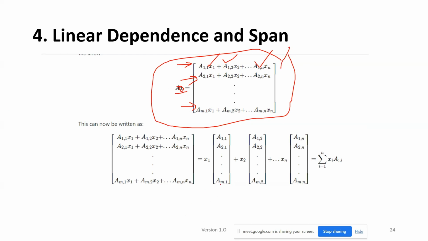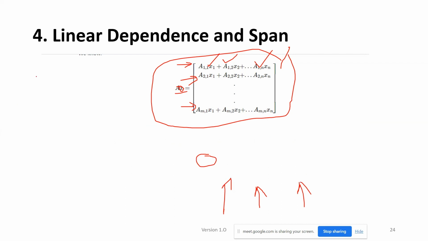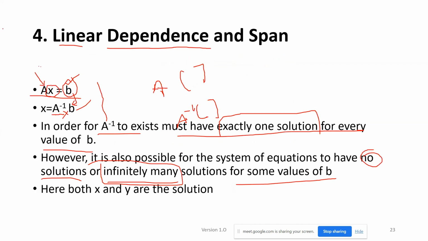How it is connected: each column of A is a column vector, and together they form the matrix. The x values are individual values. Earlier I mentioned that this is a vector, this is a vector, this is a matrix. Sorry, this is a scalar, this is a scalar, and this is a matrix.